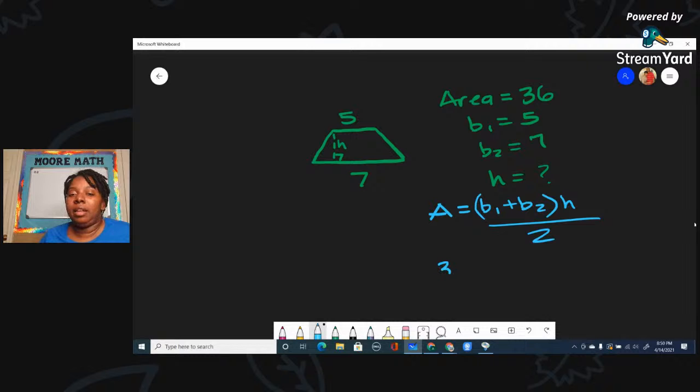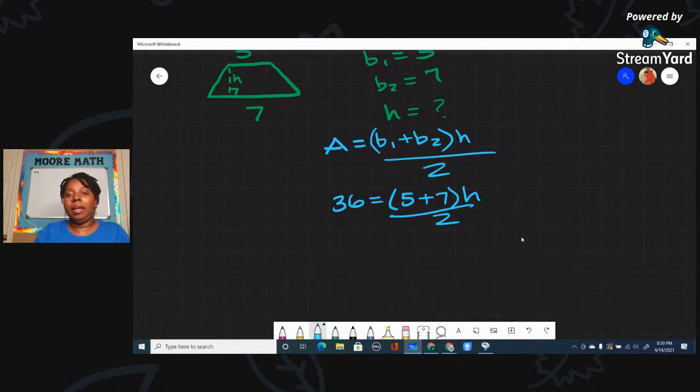Okay, plug it in. 36 equals 5 plus 7 times the height, which we don't know, divided by 2. Keep watching. 5 plus 7 is 12. So we have 12h divided by 2.